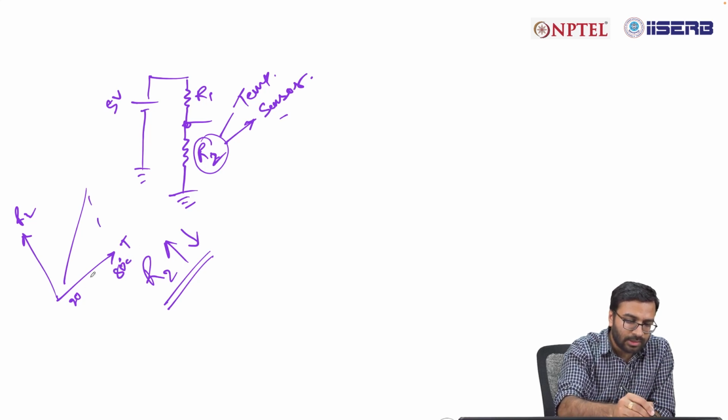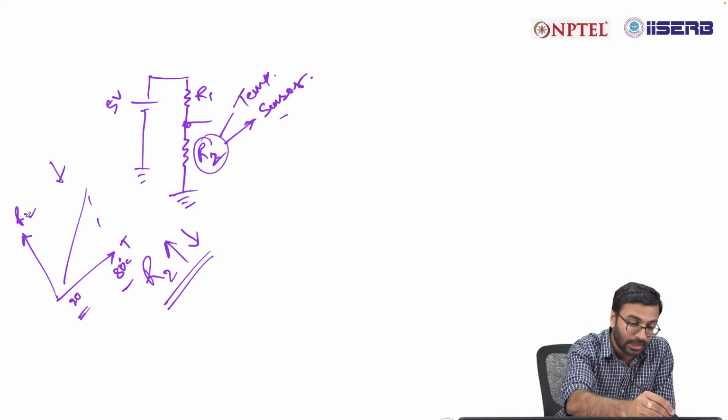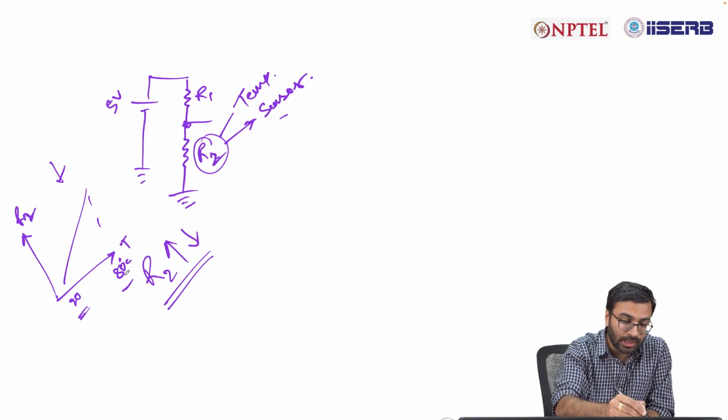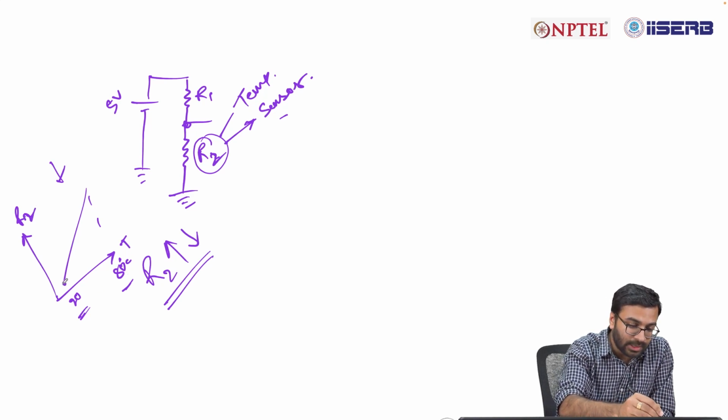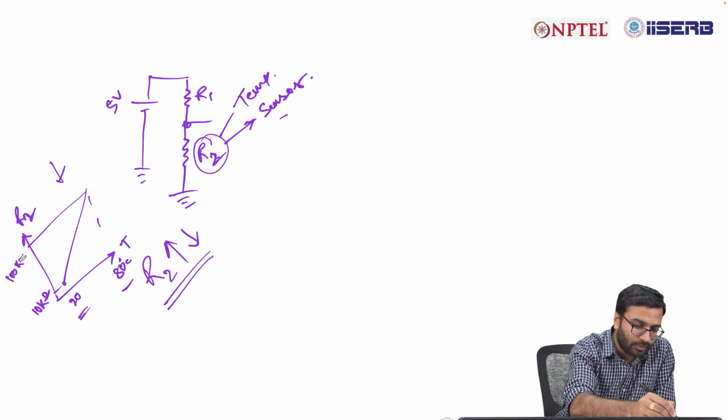So this is the calibration curve where the response of the sensor increases with temperature. At 20 this is the resistance value, at 80 this is the resistance value. Say it's 10 kilo ohm, and at 80 say it's 100 kilo ohm, for example.